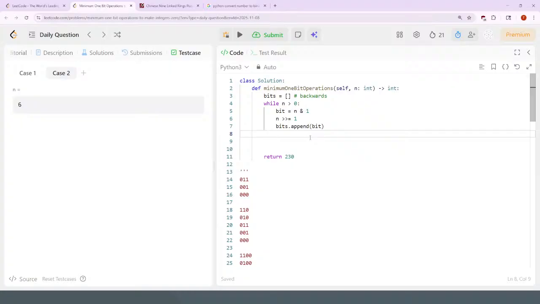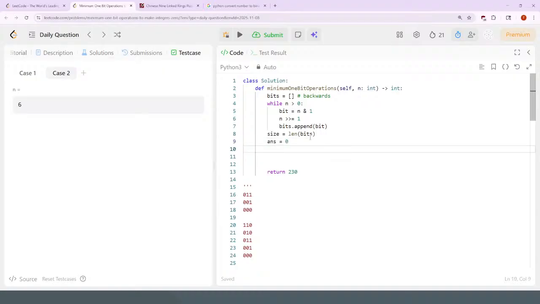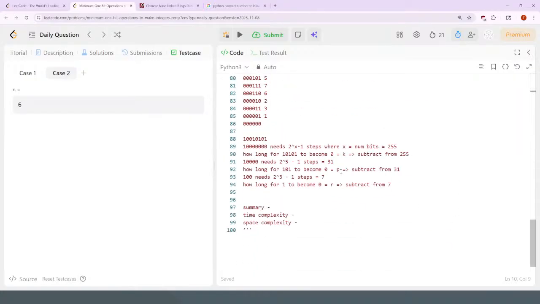So let's say size is equal to length of bits. I'm going to say answer is initially 0. So it needs to toggle backwards and forwards, I think. Because of the way the calculation works, the first time it calculates, it uses that as a positive value, really.